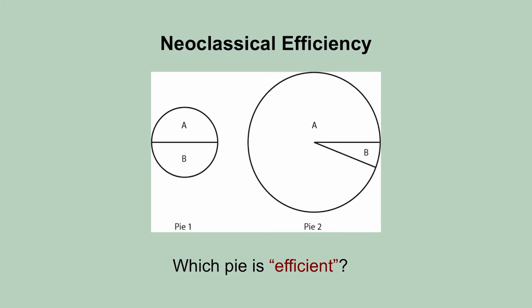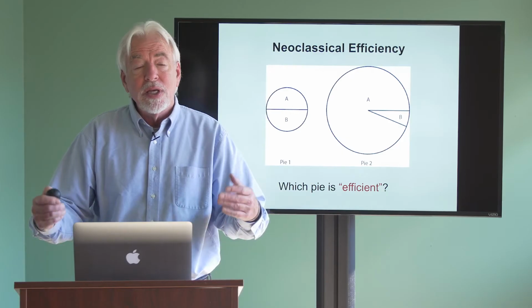So if we look at two pies, one a bigger pie, one a smaller pie, that are divided between two parties, A and B, as shown in this picture, in the smaller pie, B has more than B has in the big pie. The bigger pie disproportionately benefits A and actually harms B. Which pie is efficient?